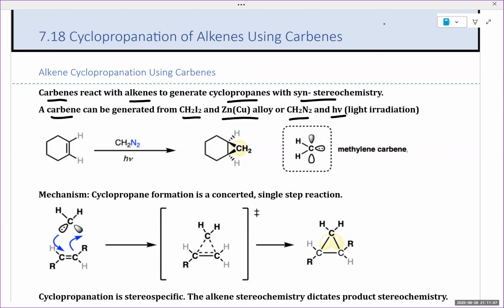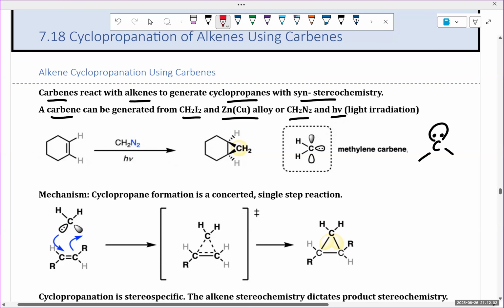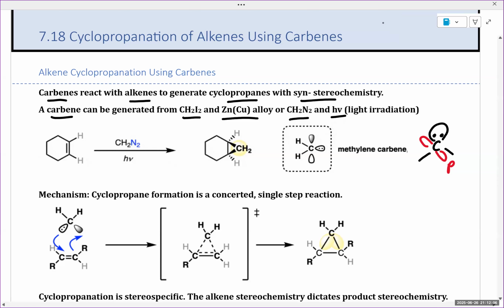So what is a carbene? A carbene looks as follows. It is neutral. However, this carbon has both a lone pair and an available empty p orbital that it can use for reactions and bonding.